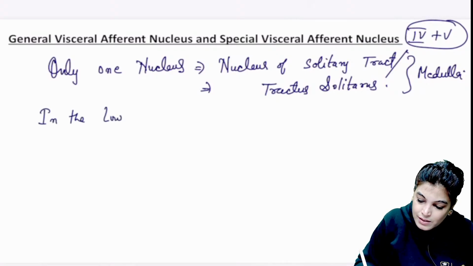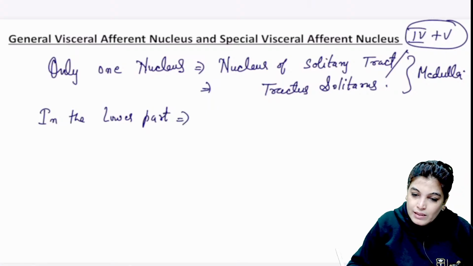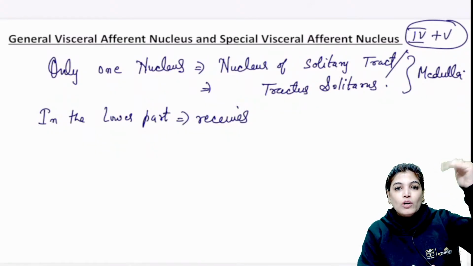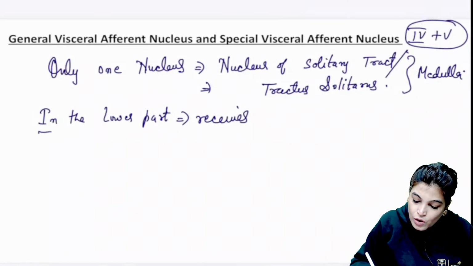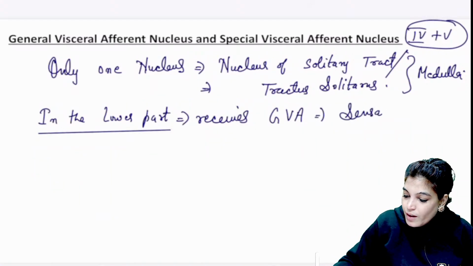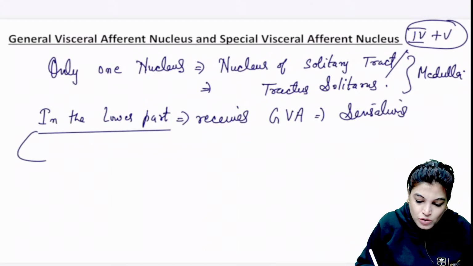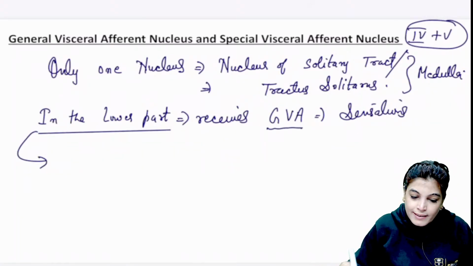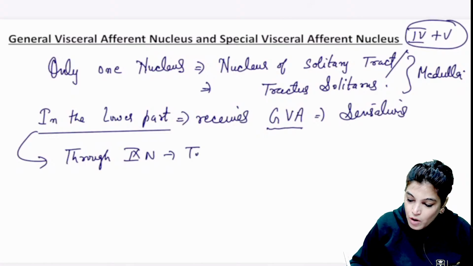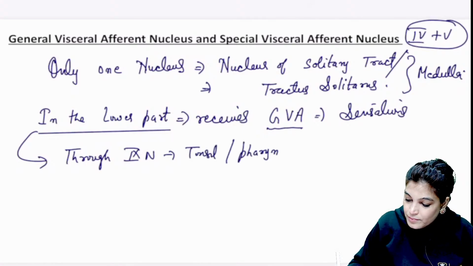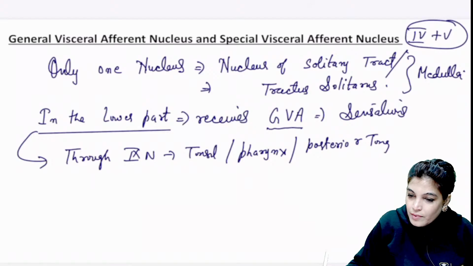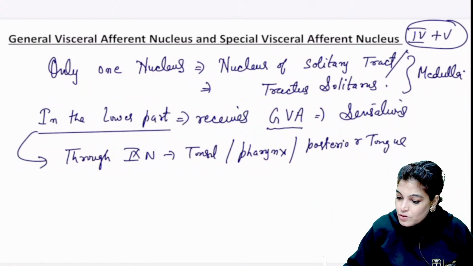The lower part receives general visceral afferent sensation through the ninth cranial nerve from the tonsil, pharynx, posterior part of the tongue, carotid body and carotid sinus.